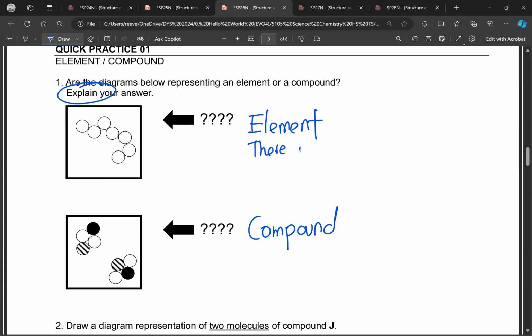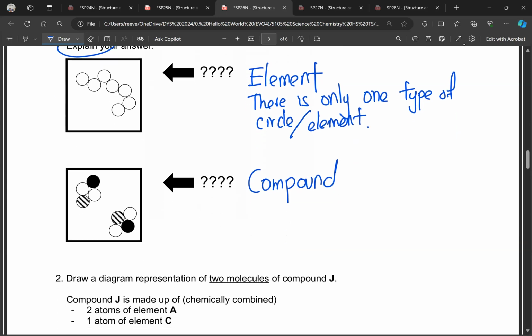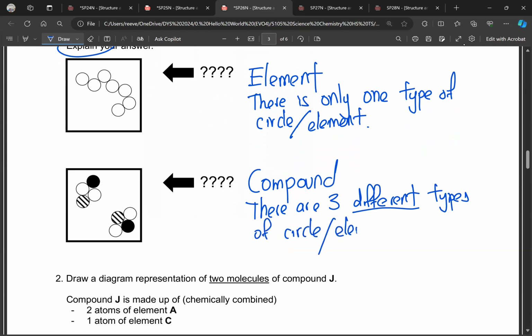There is only 1 type of circle, or element. For the compound, there are 3 different types of circles, or in other words, 3 different types of elements chemically combined.